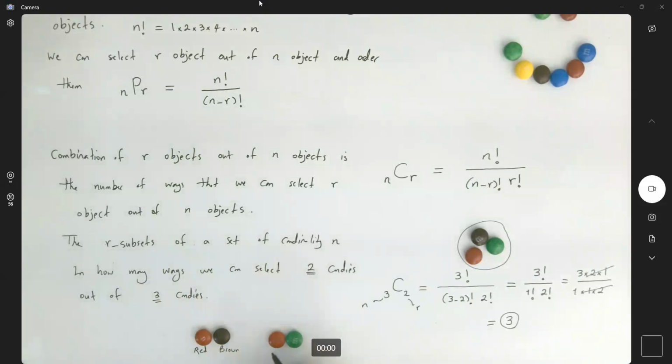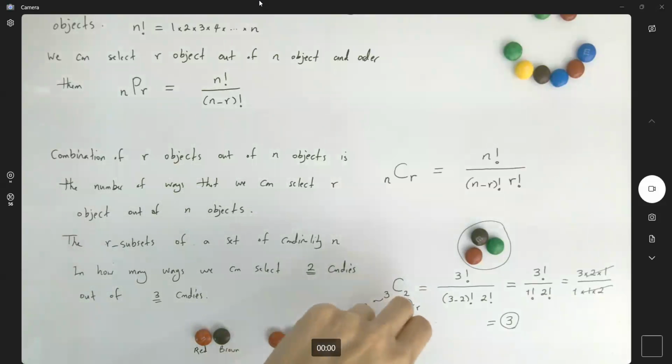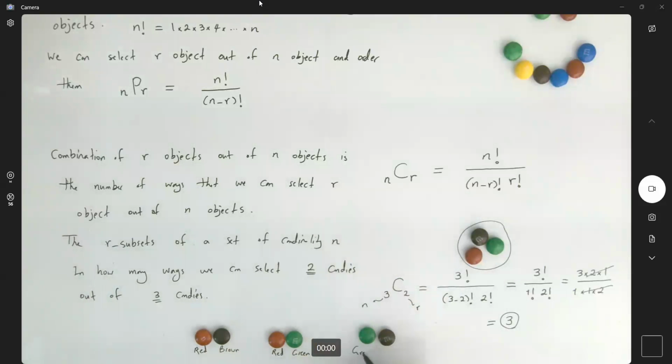Another selection is red and green. Another selection can be green and brown, right? So green and brown. So how many selections are possible? One selection, two selections, and three selections. As you can see, you have three different ways of selecting two objects out of three objects.